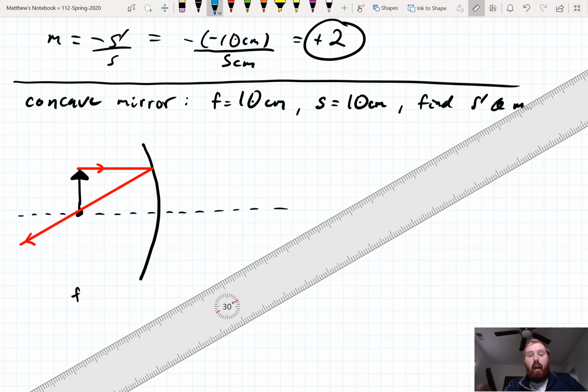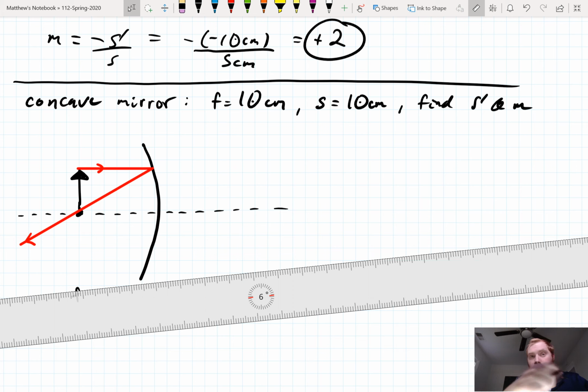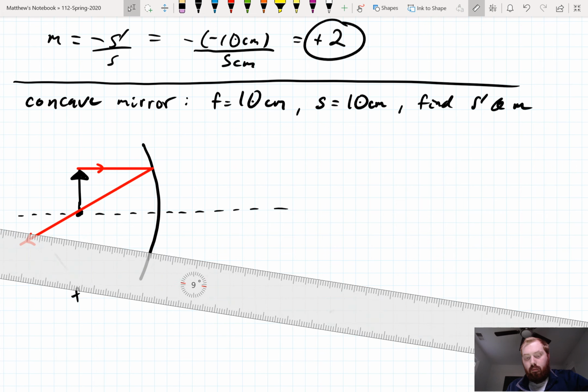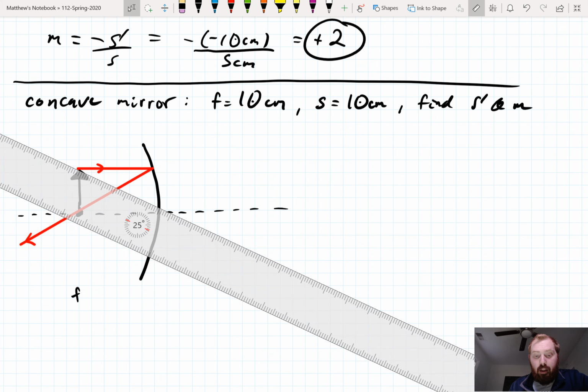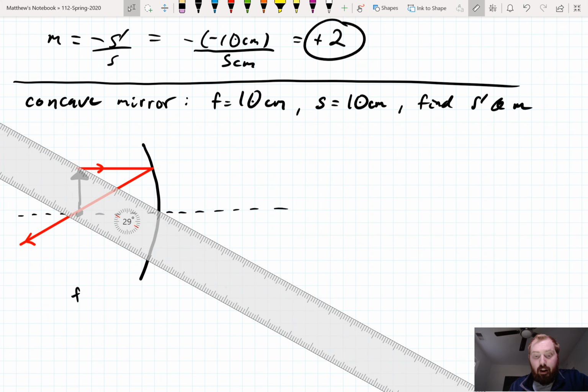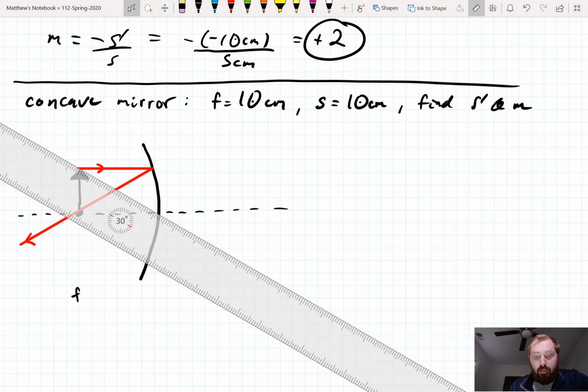Now let's try the vertex again. Always just find a principal ray that you're comfortable with. So the vertex ray is going to be about 30 degrees.